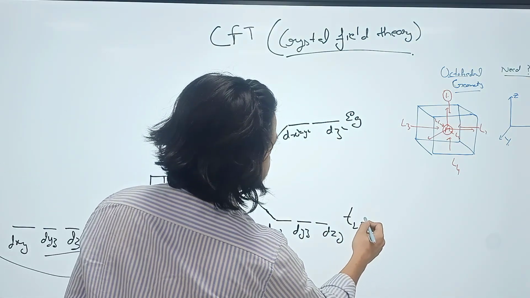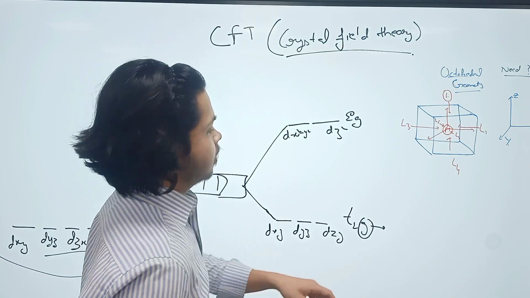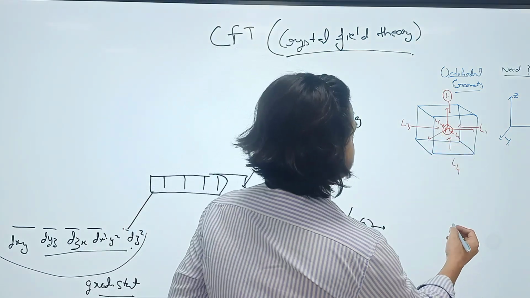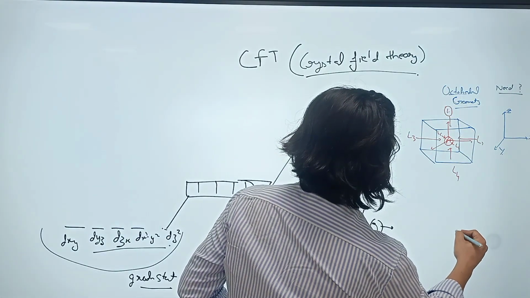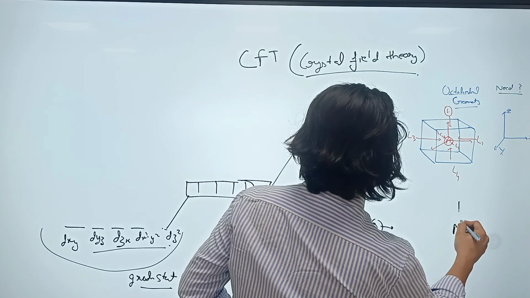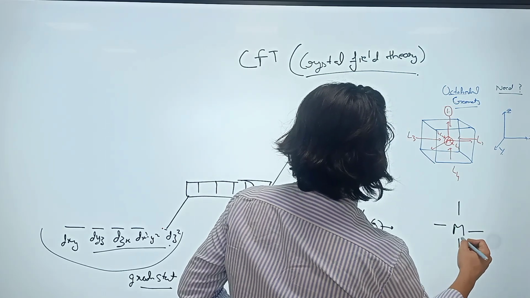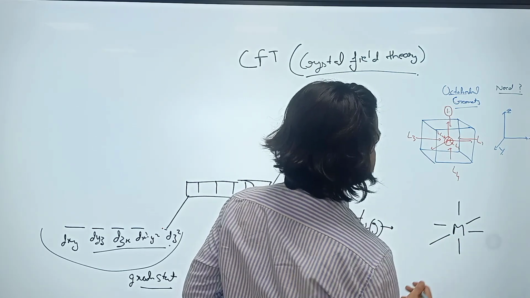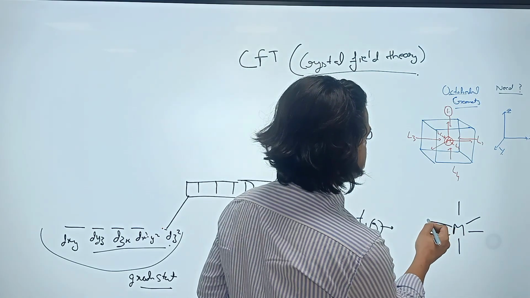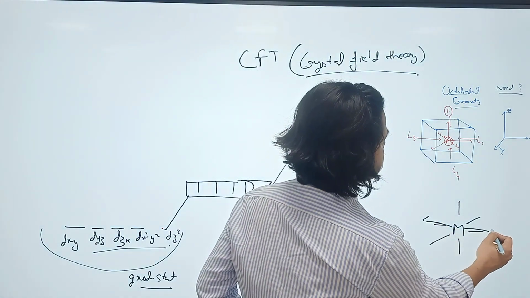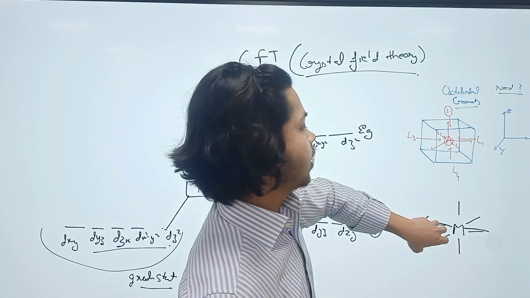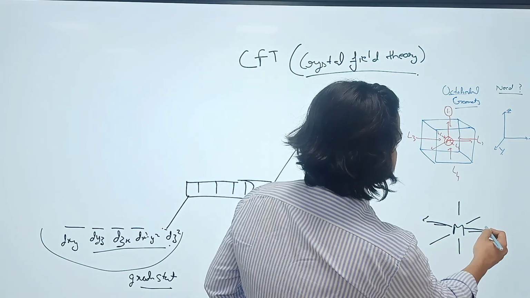We call it g, which represents that our octahedral geometry is symmetrical, meaning if we move along this direction we get a ligand, and we get the same ligand if we move along the opposite direction also.